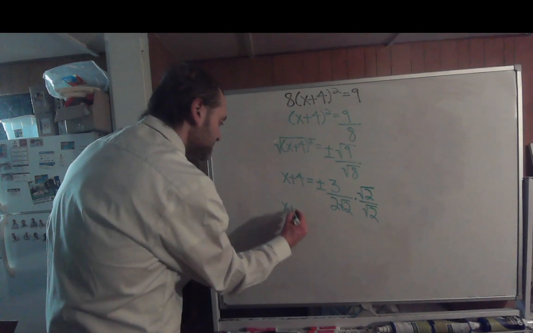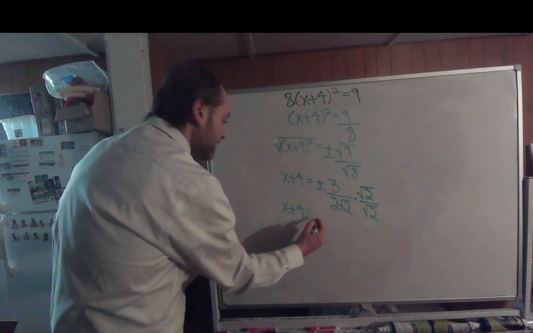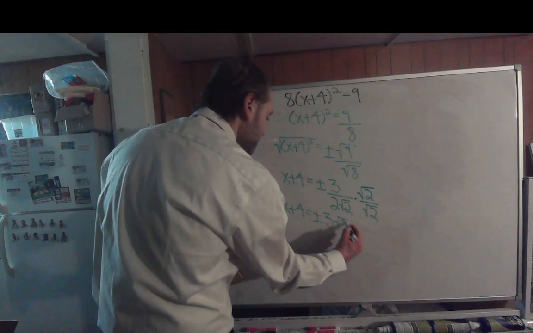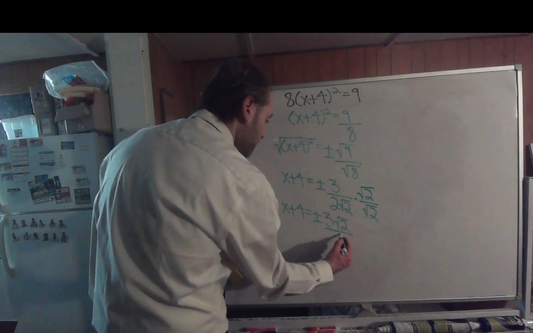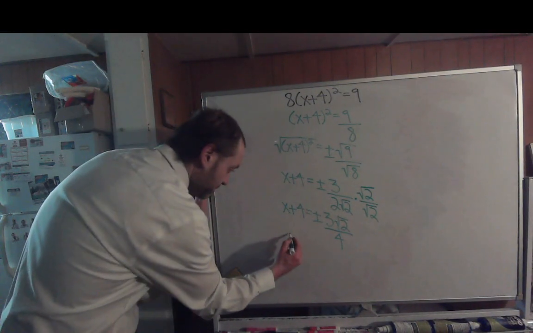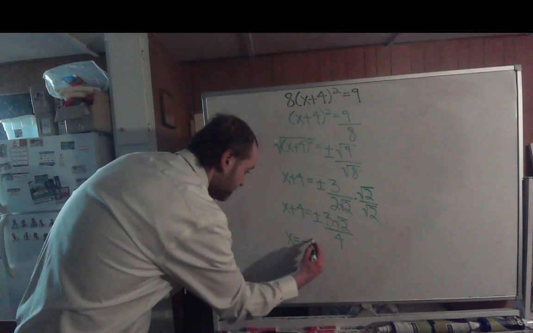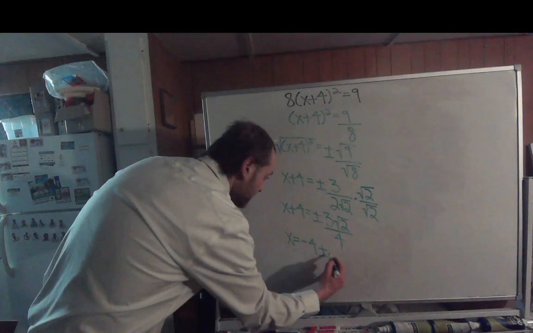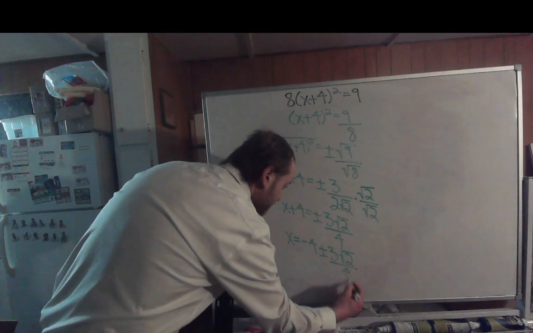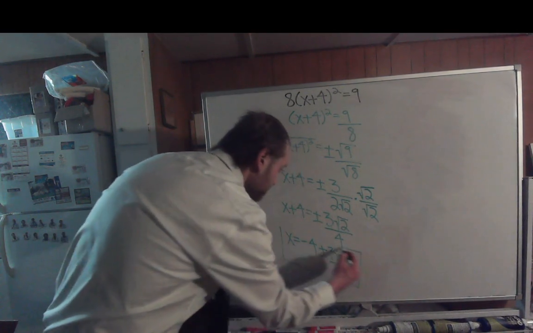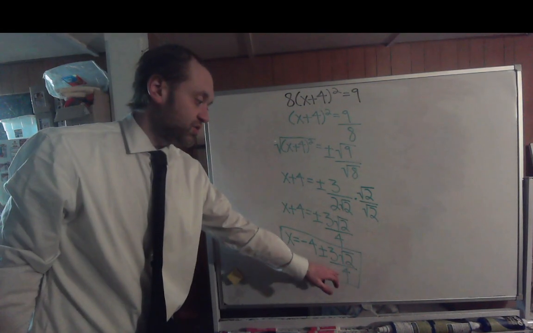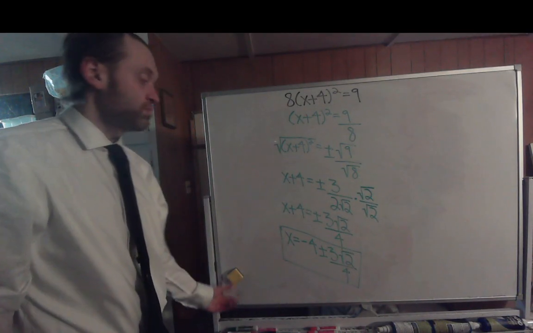This would turn into x plus 4 equals plus and minus 3 times the square root of 2 over 4, which then simply put, x would equal negative 4 plus and minus 3 times the square root of 2 all over 4. And that's about the best we can do for that.